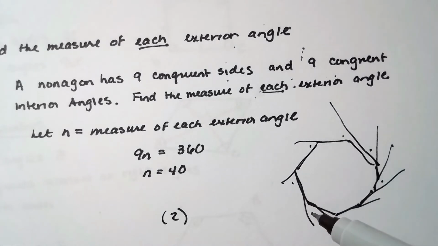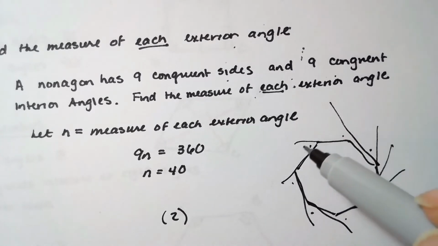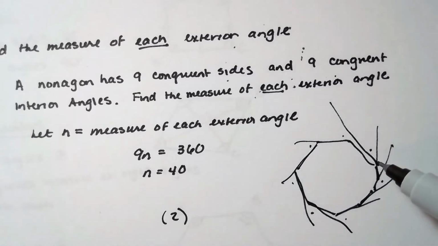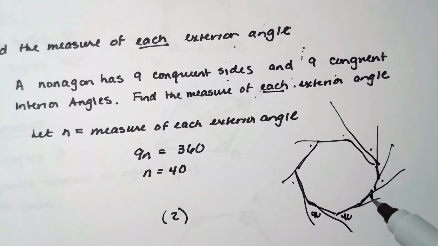Here's one, here's one. It's a terrible picture because it's a very hard thing to draw. But anyway, if all of these exterior angles have to equal 360 and there's 9 sides, I just take 360 and divide by the number of sides. So this would be 40, and this would be 40, and this would be 40, and all the way around. And if I add up all of those 40s, 40 times 9, I should get 360.